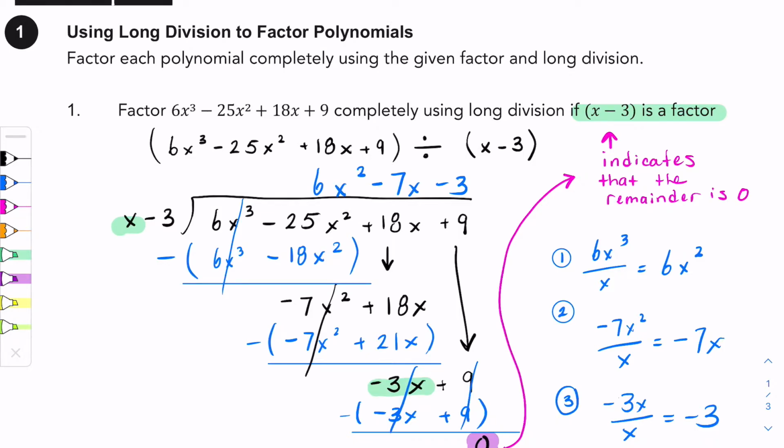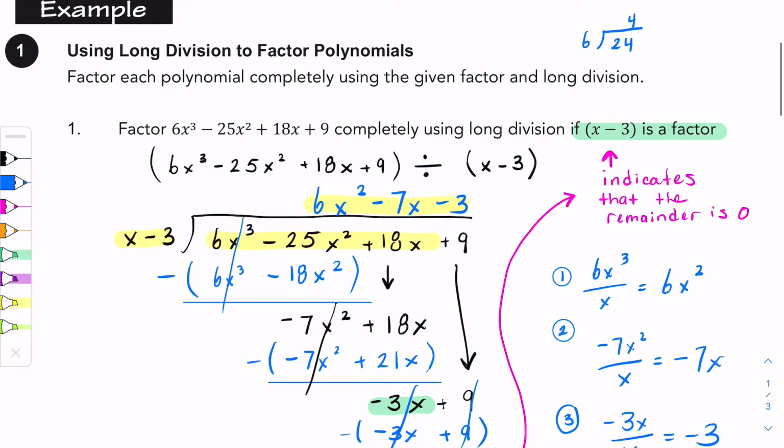That means that if you have x minus 3 times 6x squared minus 7x minus 3, and you multiply those two expressions together, you're going to end up back at your dividend. Always think about a basic example. 24 divided by 6 gives you the answer of 4, but if you multiply 6 and 4 together, you end up back at 24.